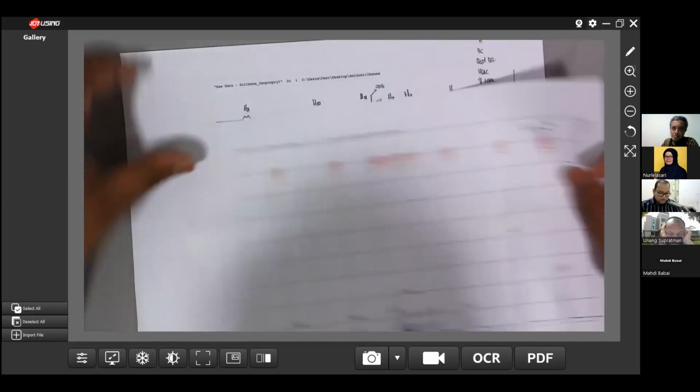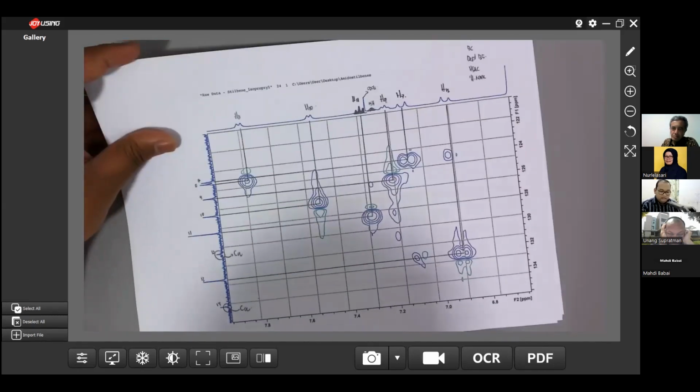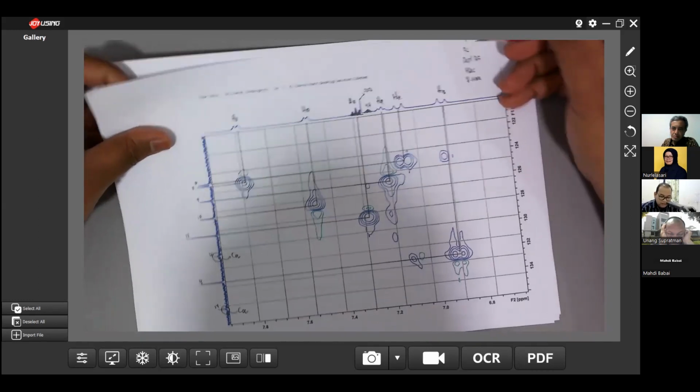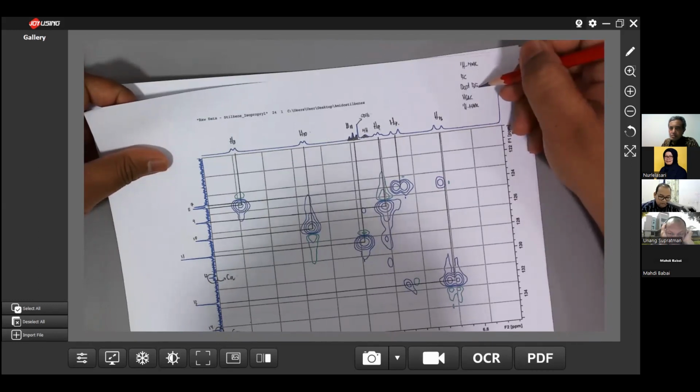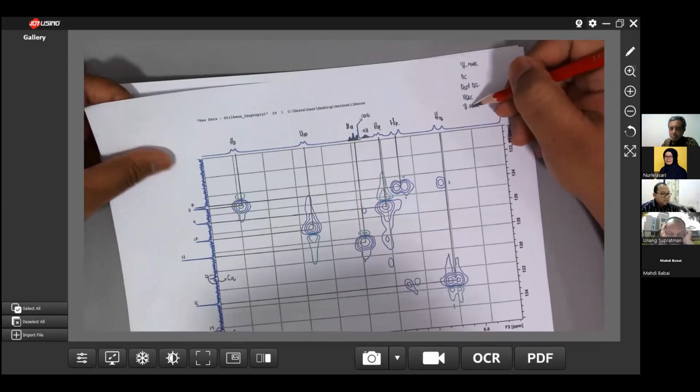So we have already done all the information here. We already ran the general analysis for NMR: carbon 13, DEPT 135, HSQC, and proton NMR. What's next? What do you have to do? This is my style.